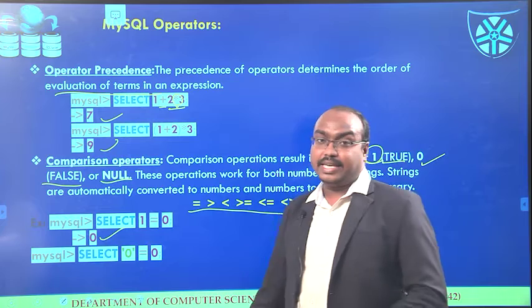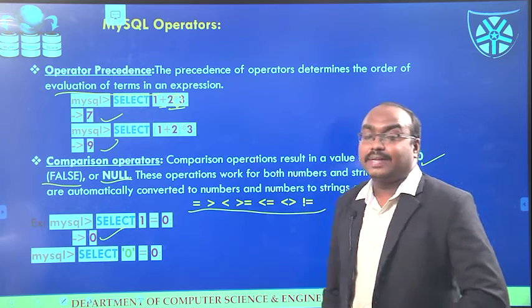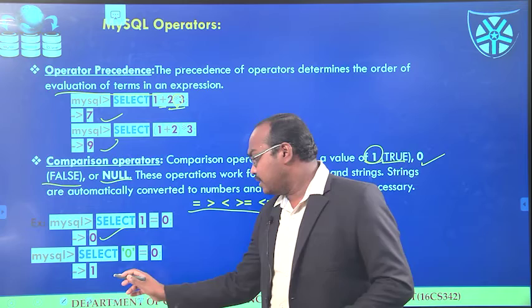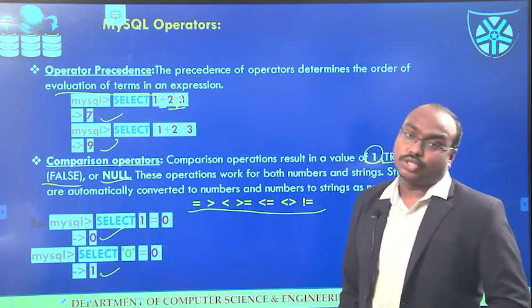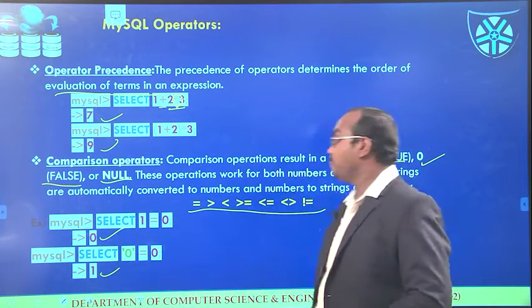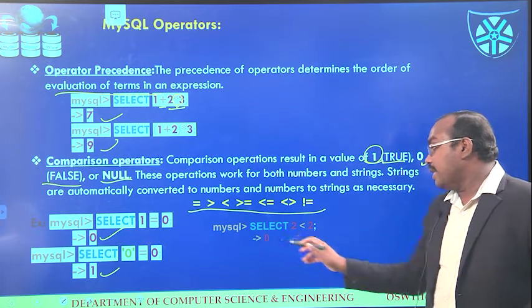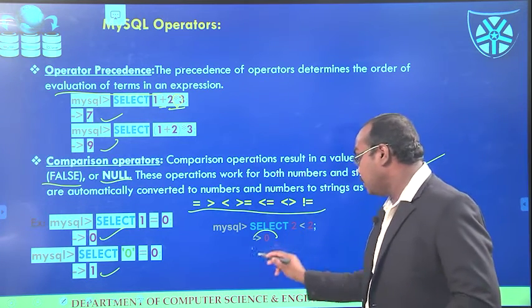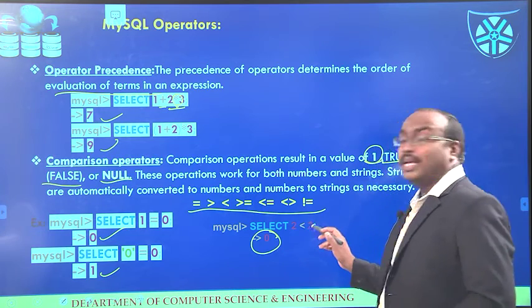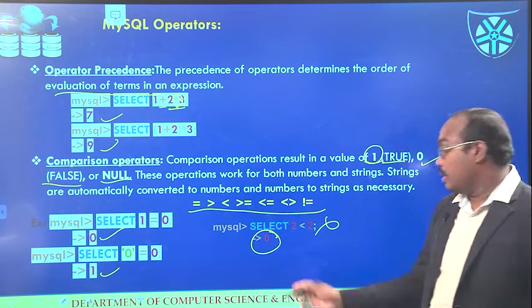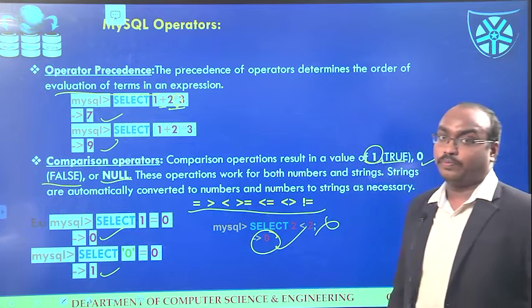Here 0 is automatically converted into a string, and the result is 1. And the next one, select 2 < 2. The result is 0, because 2 less than 2 is a false statement, so the value is 0.